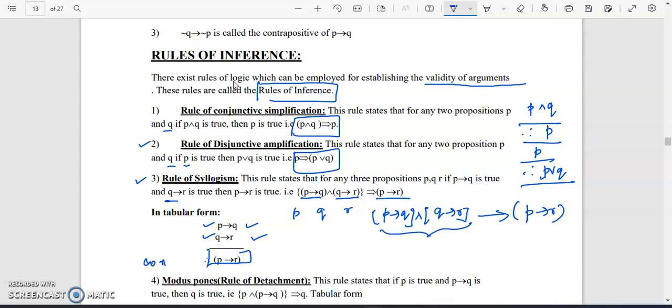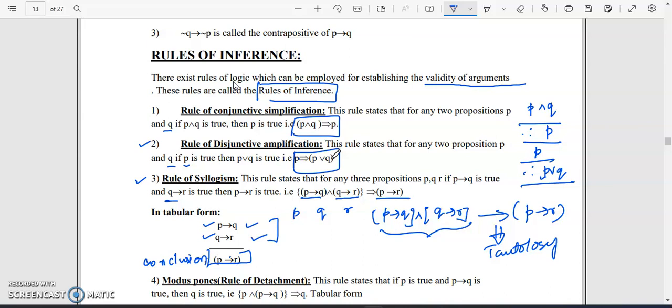If I get a tautology, then that's how this rule can be verified using a truth table. We should find the truth values of P implies Q and Q implies R, take and, and whatever result we get, we should take implication with this conclusion. We should get a tautology.